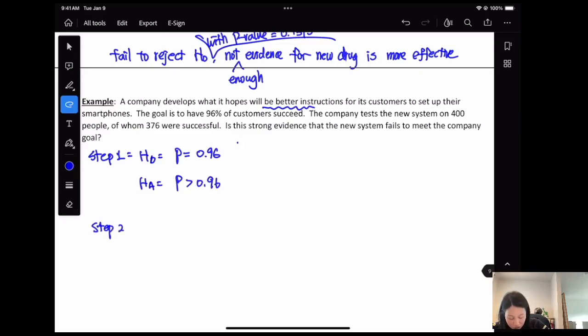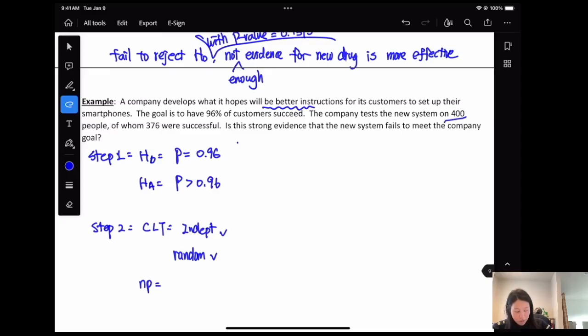Okay, step 2 is the central limit theorem, because without that, we can't set up our sampling distribution of proportion. Each customer is independent, and the customers must be randomly selected. Now the success/failure condition: n times p.